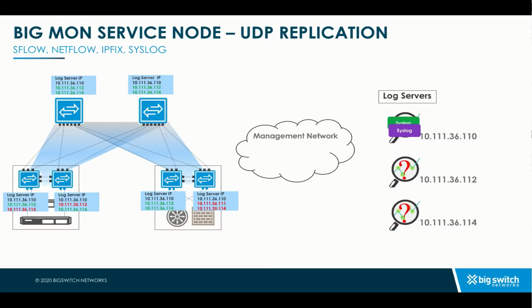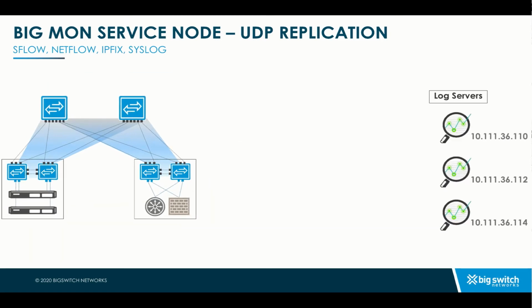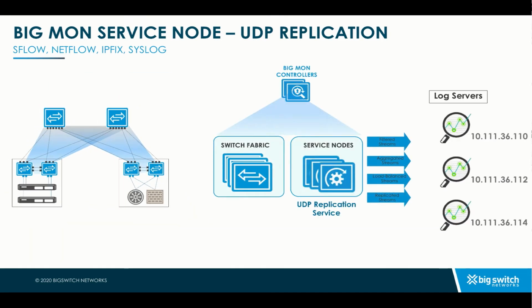So how does one send flow records, log messages, or SNMP traps to multiple collectors, log servers, or SNMP trap receivers? With the UDP replication feature on the service node, flow records like SYSLOG, NetFlow, IPFIX, or SNMP messages can be replicated to multiple collectors.